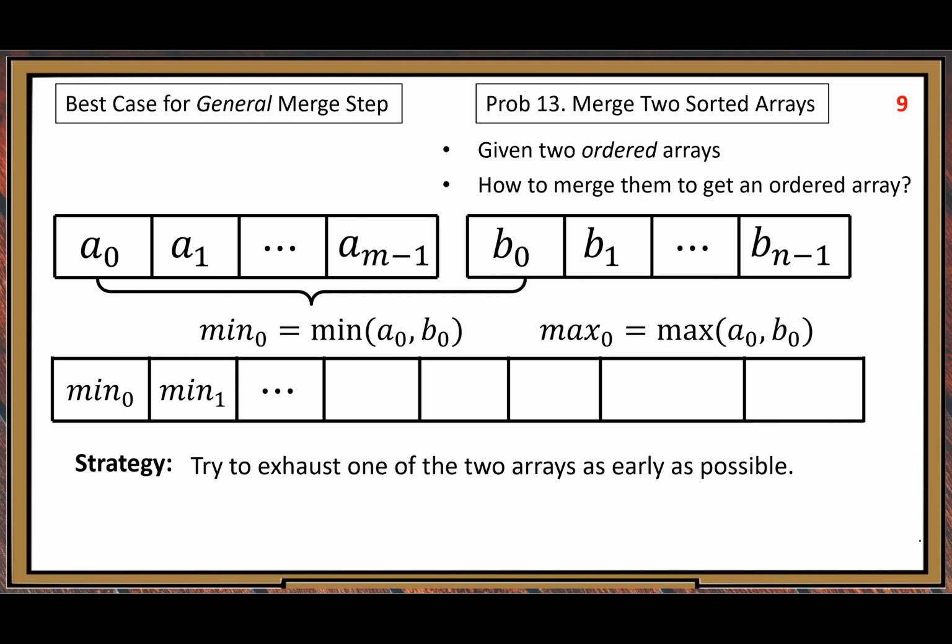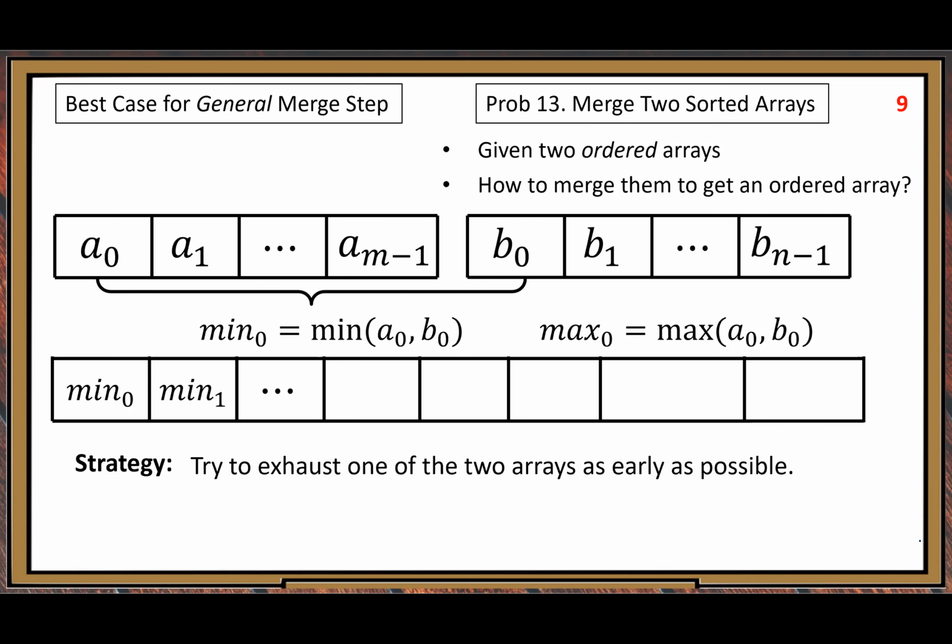The strategy: try to exhaust one of the two arrays as early as possible. If we exhaust one of the two subarrays, that means for the remaining elements, we do not need to do any comparison, right?